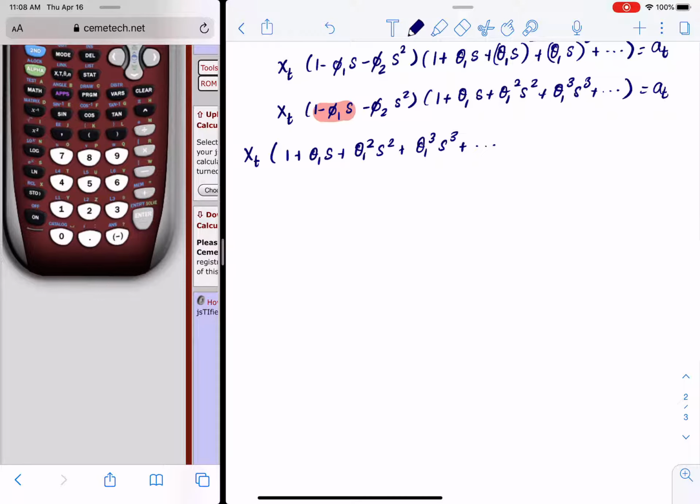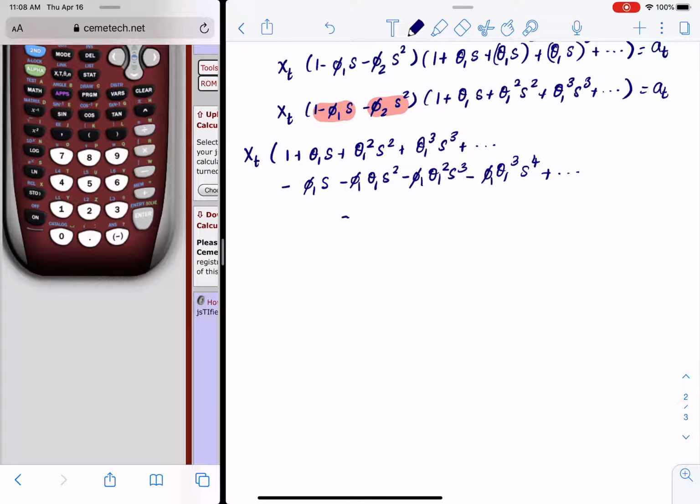So I would get negative phi1 s, negative phi1 theta1 s squared, negative phi1 theta1 squared s cubed, negative phi1 theta1 cubed s to the 4, and so on. Distribute the next term, which would be negative phi2 s squared.